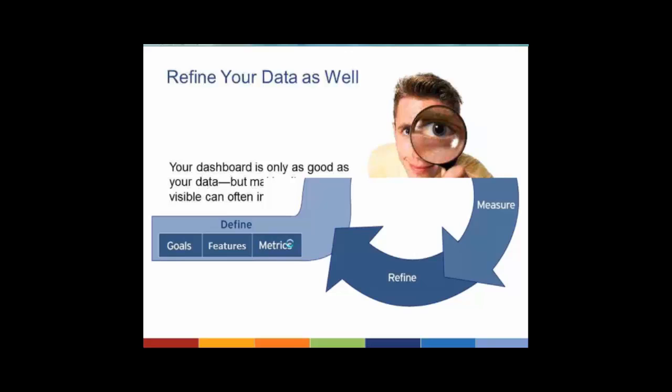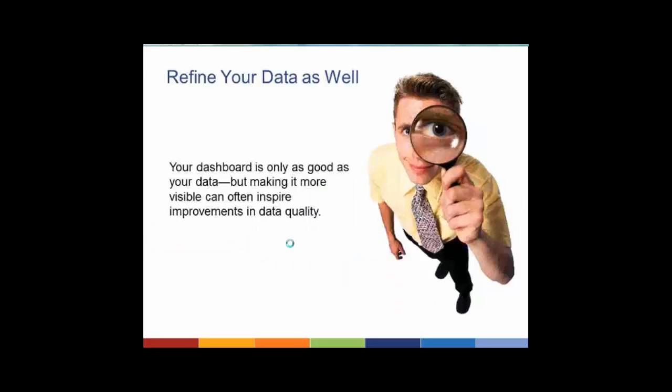And it's important to recognize that, in fact, if you help people to visualize the data, it may well actually affect the data itself in sometimes really useful ways and sometimes in ways that are hard to predict.